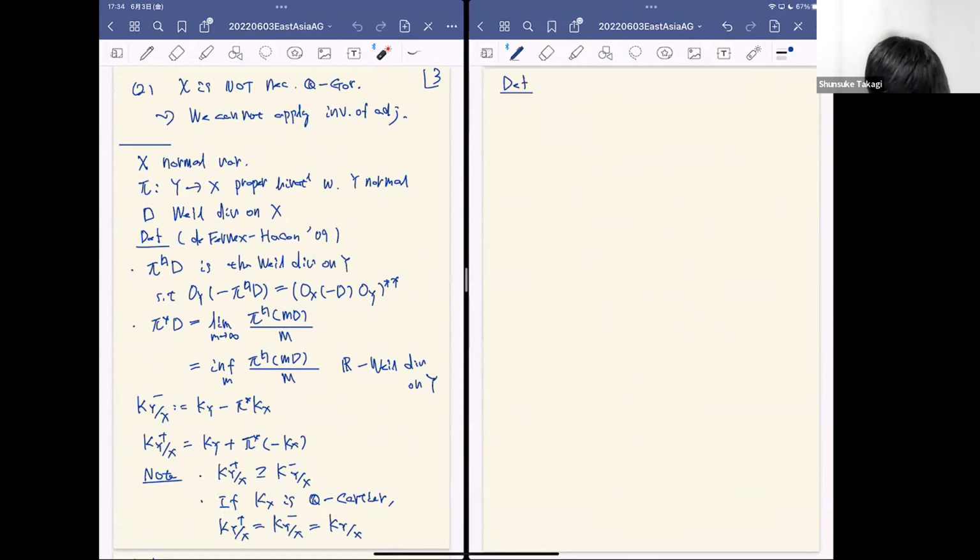The following is the non-Q-Gorenstein version of log canonical or KLT singularity due to Dufresne-Heycon and Kikyo-Urbinati.